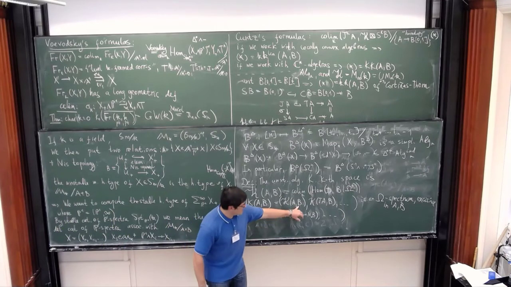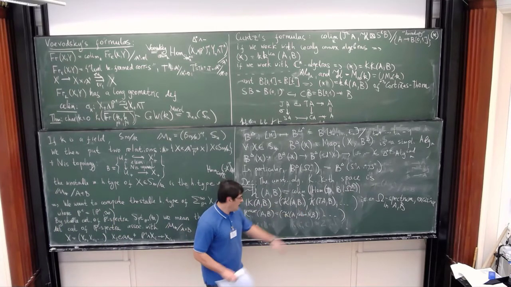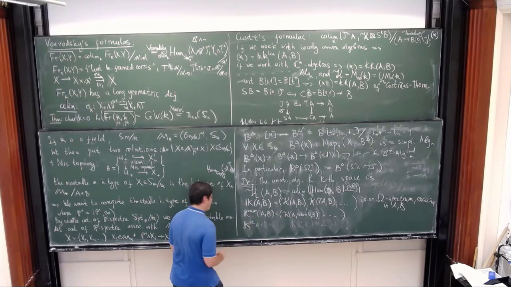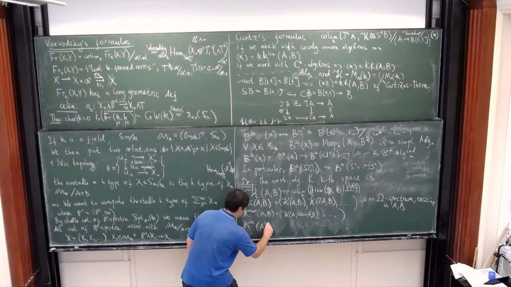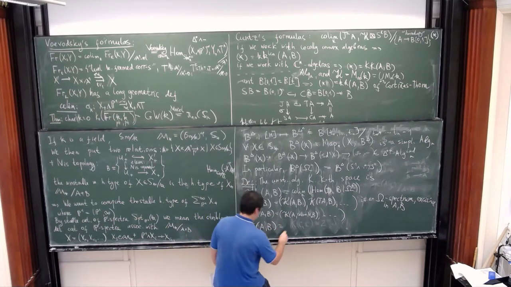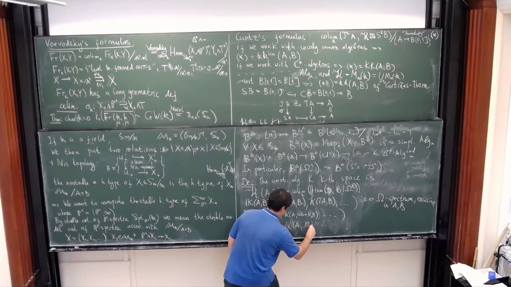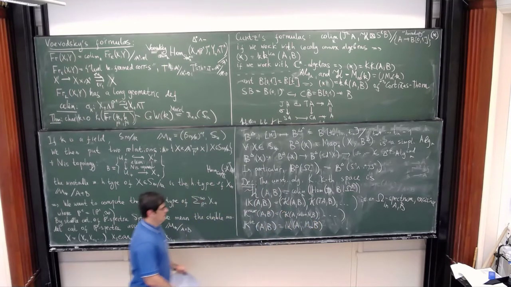We stabilize this argument in matrices. And similarly, stable K(A, B) we take as K-matrix of A and M infinity B.